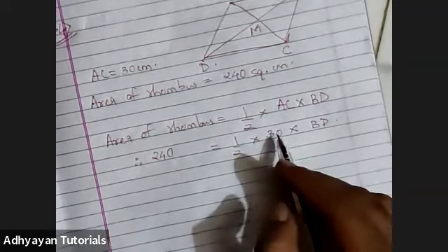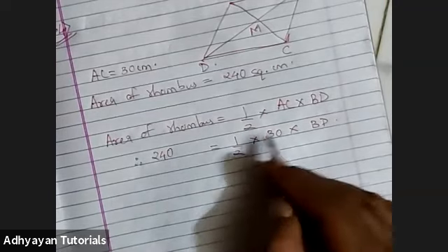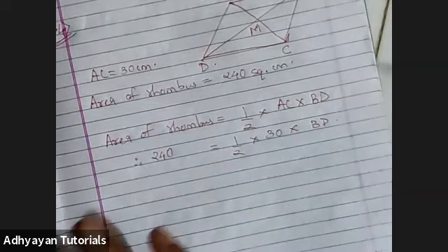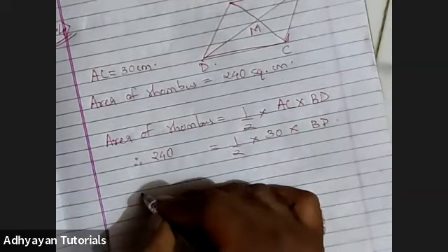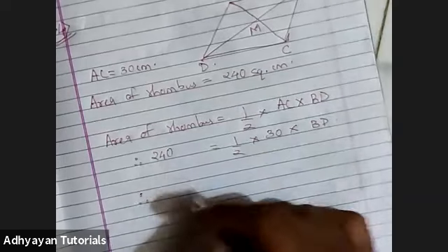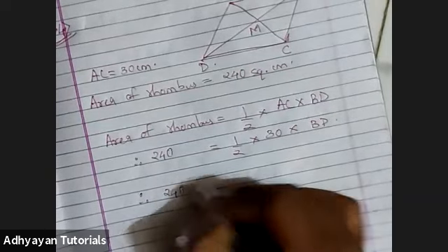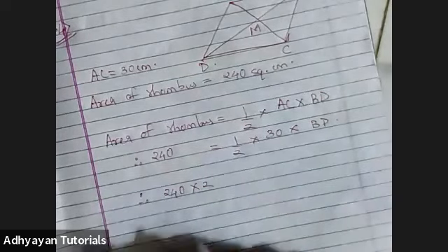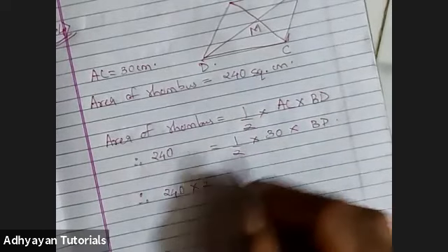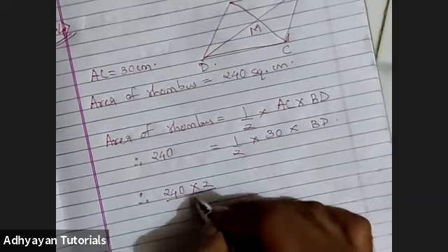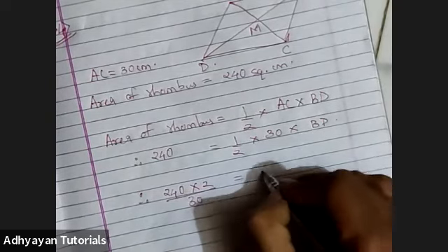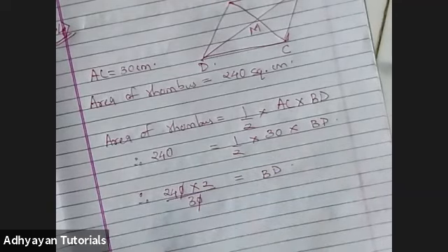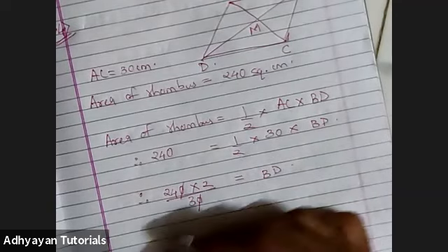So basically, if you want, you can shift 2 in the numerator, 30 in the denominator, and then cancel, or you can just cancel it here and then जो भी बचेगा उसको ट्रांसफर कर दो. I'll just transfer everything. So 240 into 2 हो जाएगा, because 2 is in the denominator on the other side. Now 30 is in the numerator, so it will go in the denominator, equal to BD, right? 0, 0 gets cancelled, right?